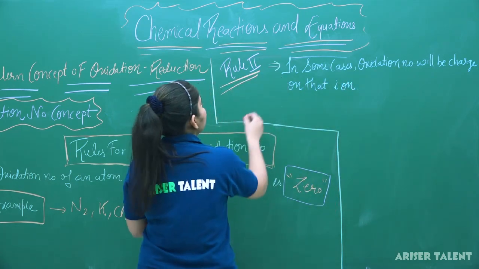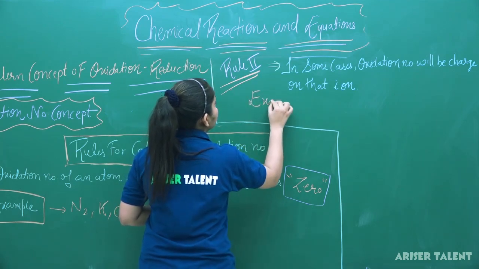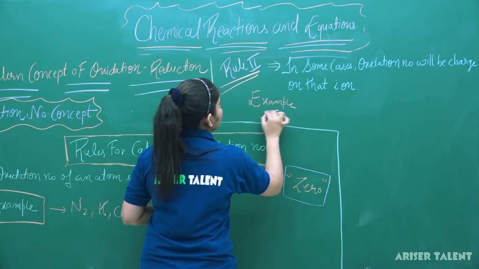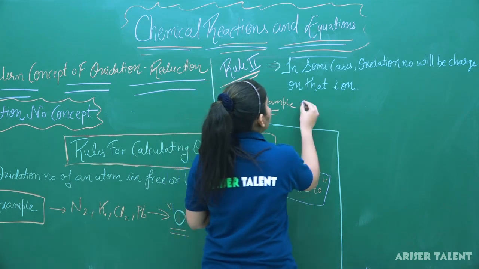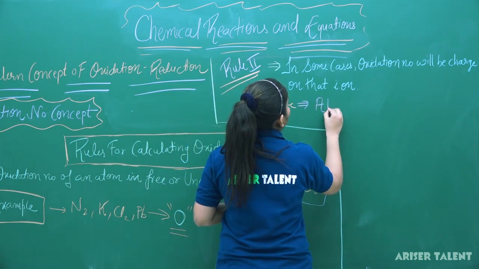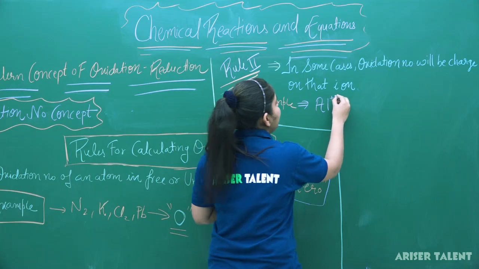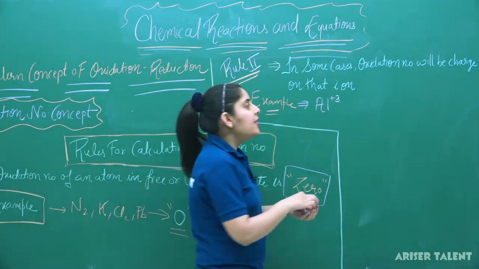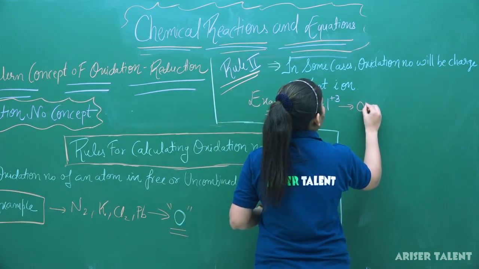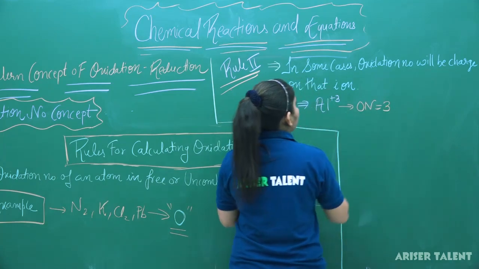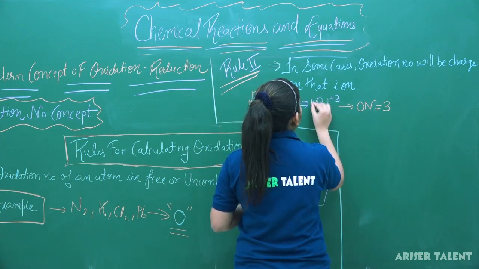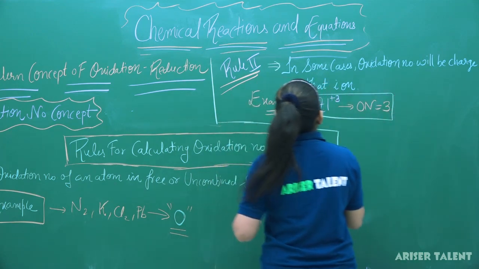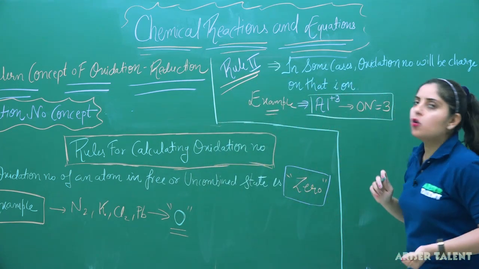So again we are taking an example. Suppose we have aluminium Al3+. It means aluminium is having a charge of +3 upon it. So we can say that the oxidation number of aluminium will be +3. We have certain other metals in this category also.